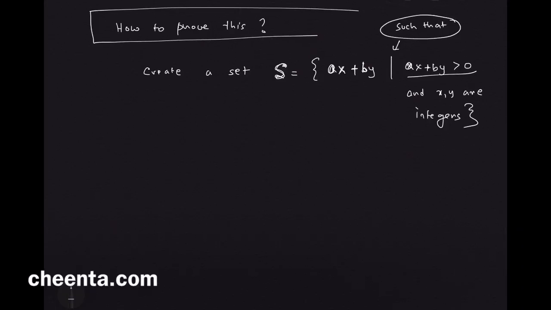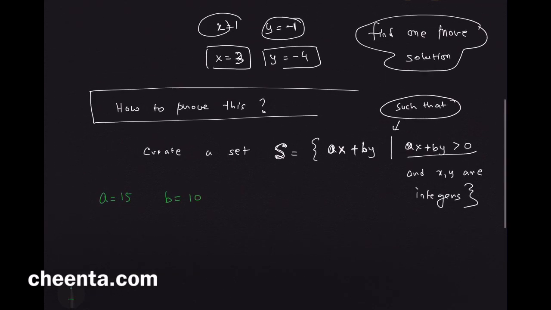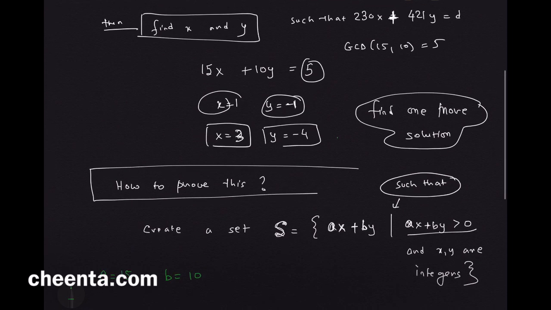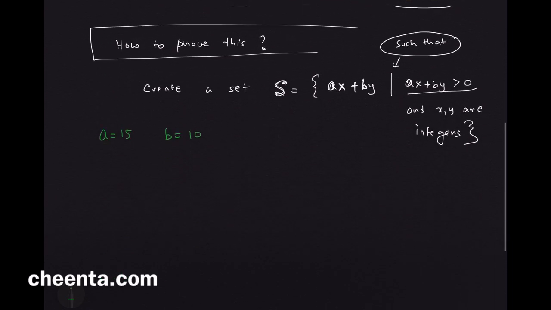Before we proceed, let me explain what this actually means. If a is equal to 15, b is equal to 10, our previous example, how will this set S look? So S will contain all numbers of the form 15x plus 10y, as long as the value of 15x plus 10y is greater than 0 and x and y are integers.